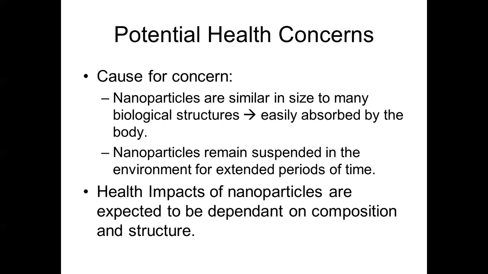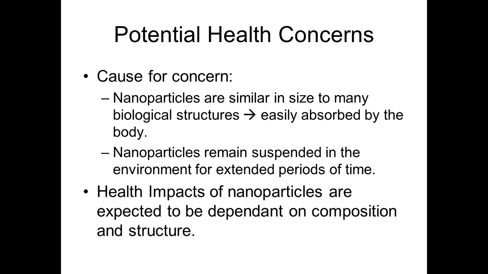So again, I'm going to say that a generic cell would be about 10 microns. So we could see that materials on a scale of 100 nanometers would be quite a bit smaller than that cell. And actually, at the level of 100 nanometers or so, that's generally like a commodity that the cell would be able to process and move around.